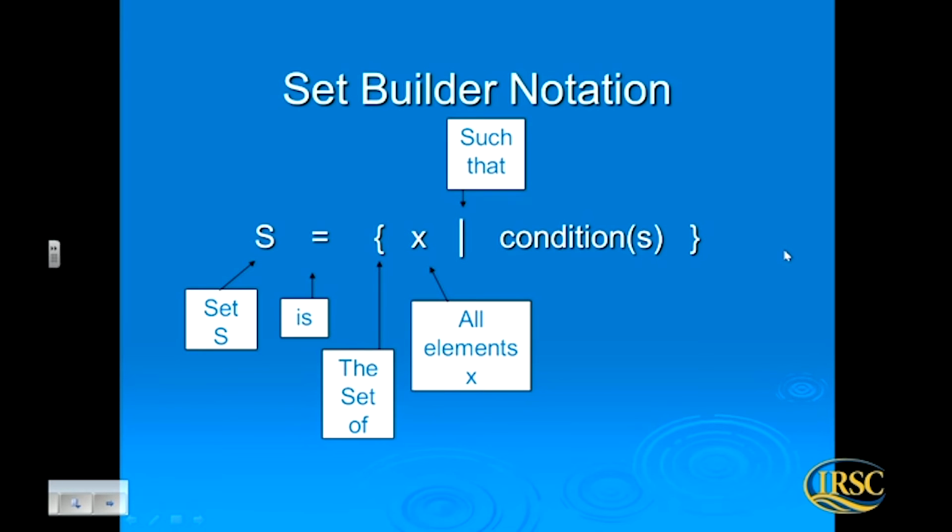So set F is the set of all elements X such that, and then you have to list the conditions that all of the elements need to meet. And that could change. Now, when we're writing these conditions, lots of times we're going to use less than or greater than symbols, or we might have to identify what type of number it is, like an integer, natural number, and so on.